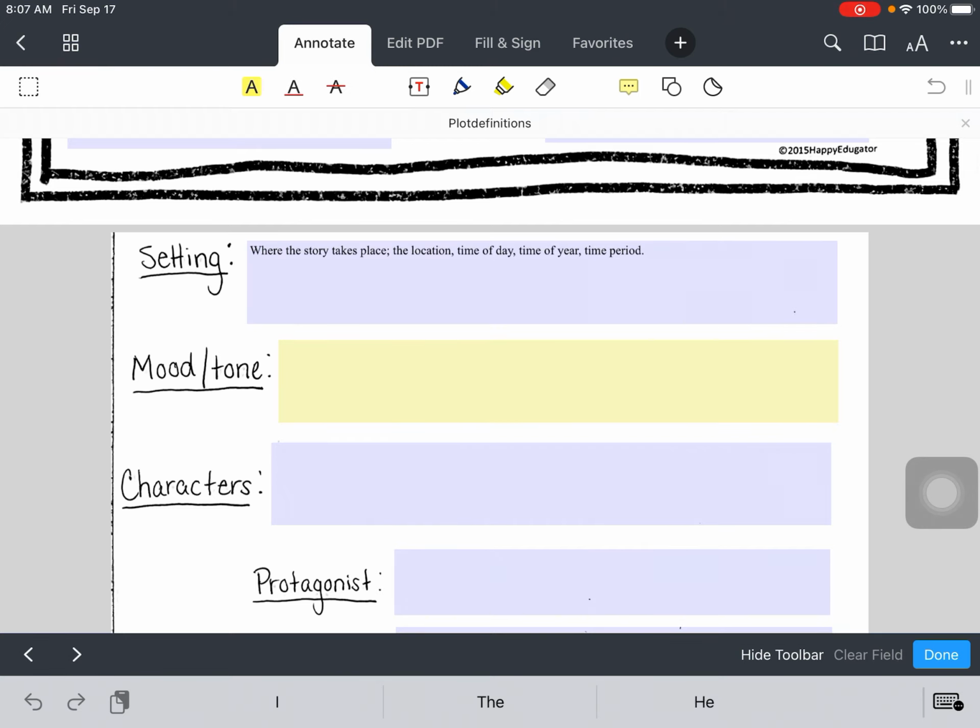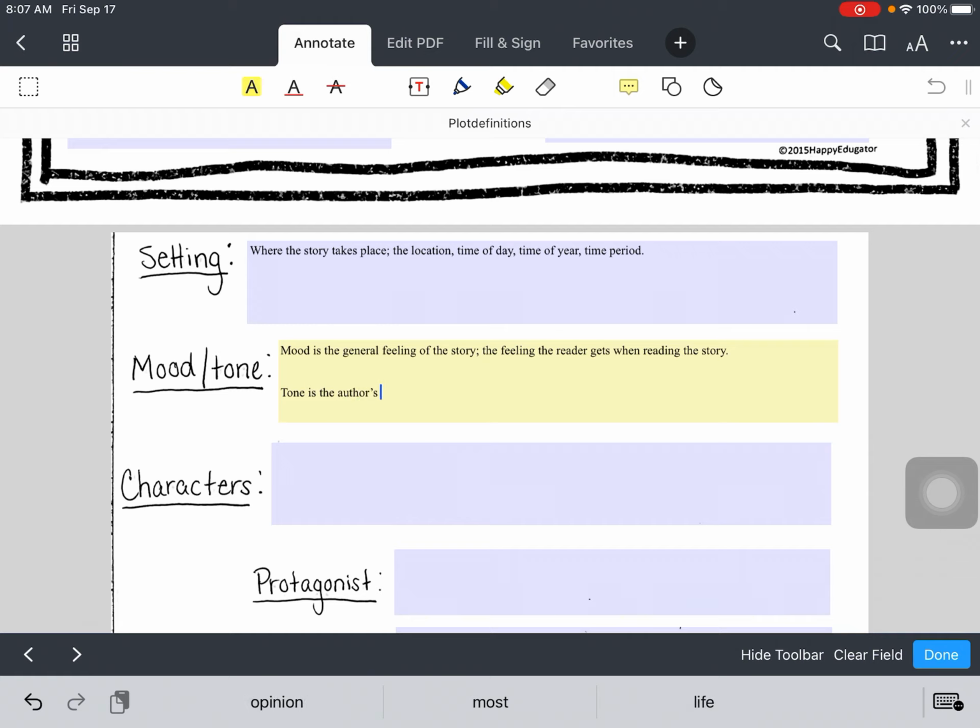Now, mood or tone. Mood is the general feeling of the story. So it's going to be the feeling the reader gets when reading the story. Tone is a little bit different, and tone is a little bit more difficult.